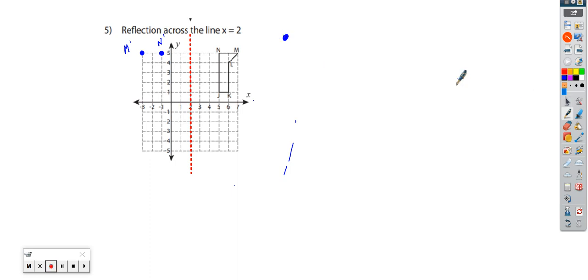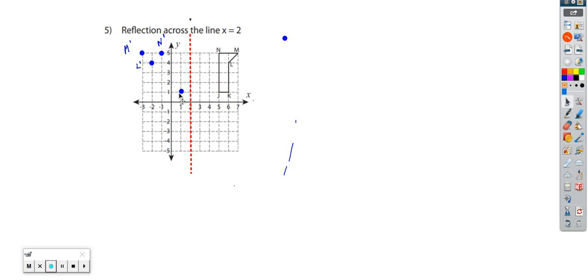Okay, let's look at point L. L is 1, 2, 3, 4 away from my line of reflection. 1, 2, 3, 4 away. There's L prime. And then J is 1, 2, 3.